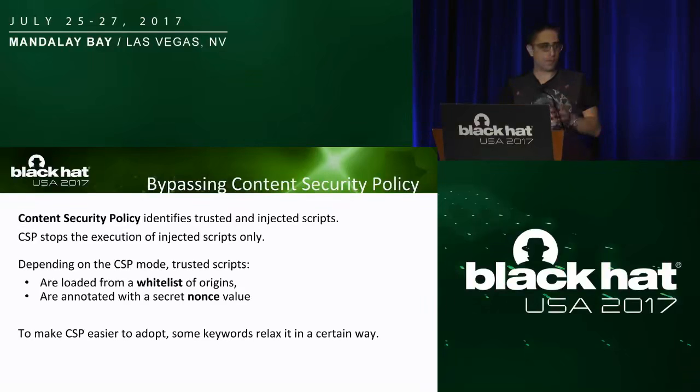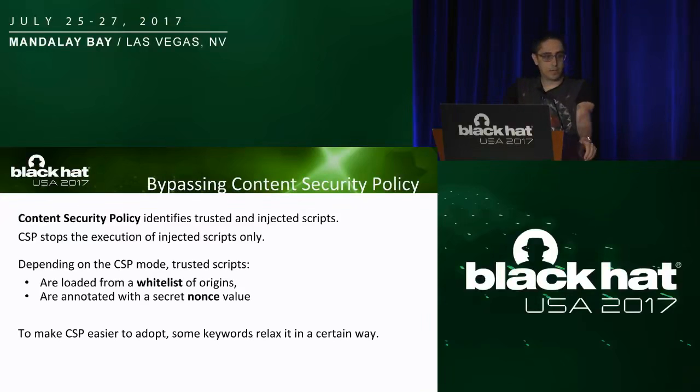The first one, the most popular traditional one, I think it was the first mode of CSP actually, is the whitelist. So you have a whitelist of URLs or origins, and only scripts loaded from those origins are allowed to execute. Then there's a second mode of operation of content security policy, which is nonce-based. So trusted scripts are recognized by having a correct nonce secret value that is unknown to the attacker.